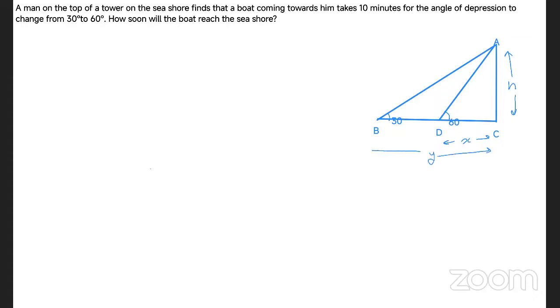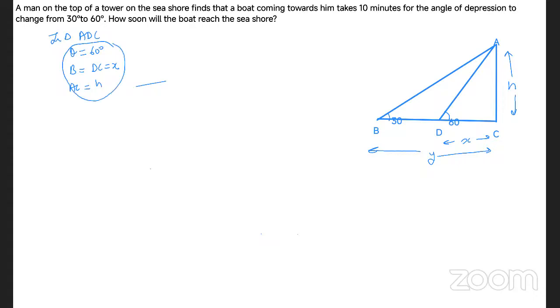So I'm taking them as X, Y, and H respectively. Now in triangle ADC, what is theta? Theta is 60. And what is the base? Base is DC, which equals X. And AC is the height, which is H. Now this is given.